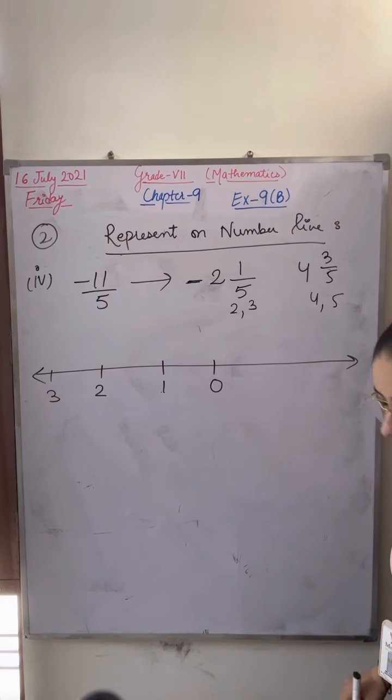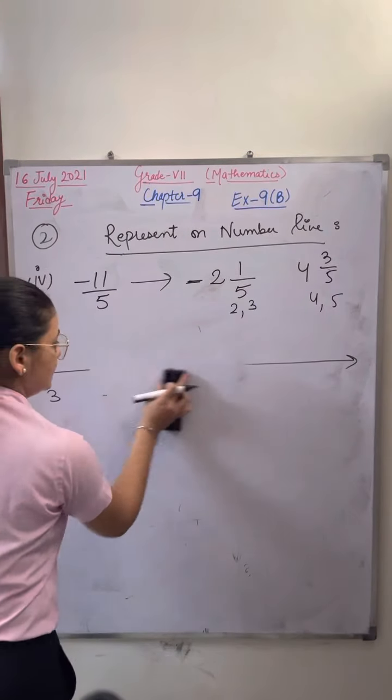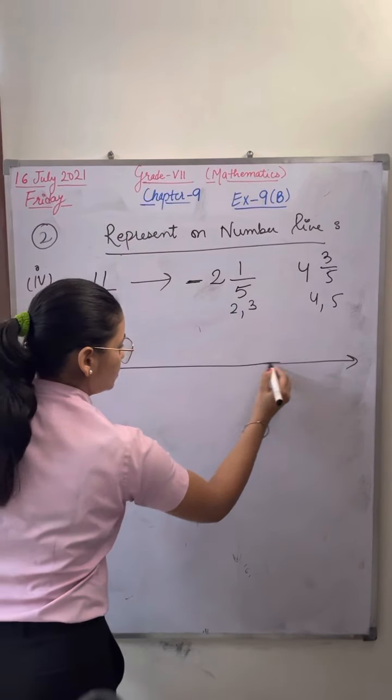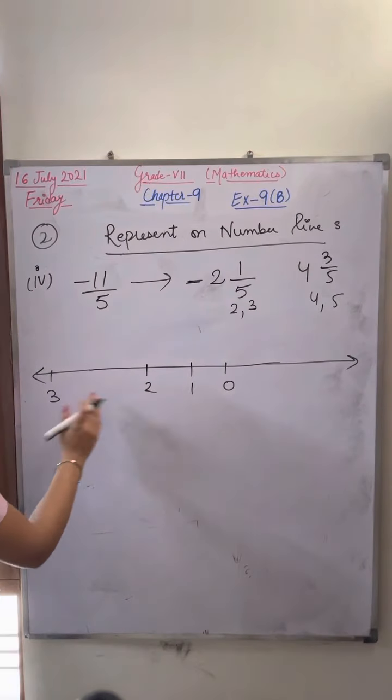Now I am writing once again. The space is not here, so I am writing 0 here, 1 here, 2 here, and this is 3. 2 and 3.